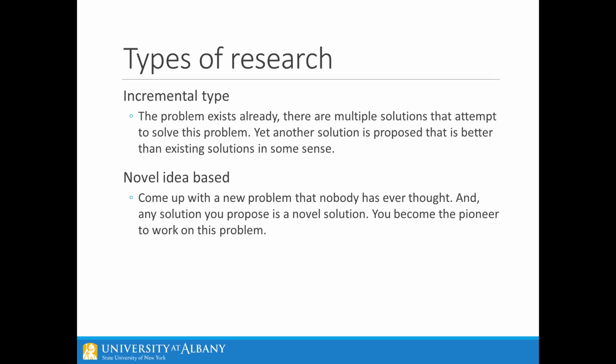And then you become a pioneer to work on this problem. That means anybody who would be working on this problem after you would be referring to your work, that this problem was identified by so and so, and then you become famous for that work.